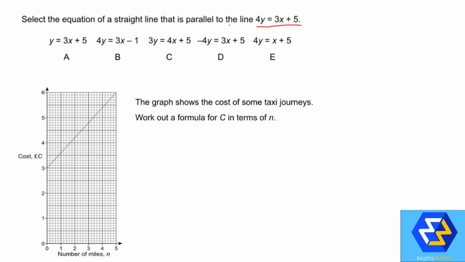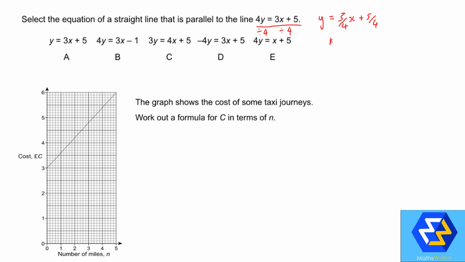So you've got to select the equation of a straight line that is parallel to this line. So first we've got to use our y equals mx plus c skill. So we divide both sides by 4 so we can see what the gradient is. So y will equal now 3 over 4x plus 5 over 4.